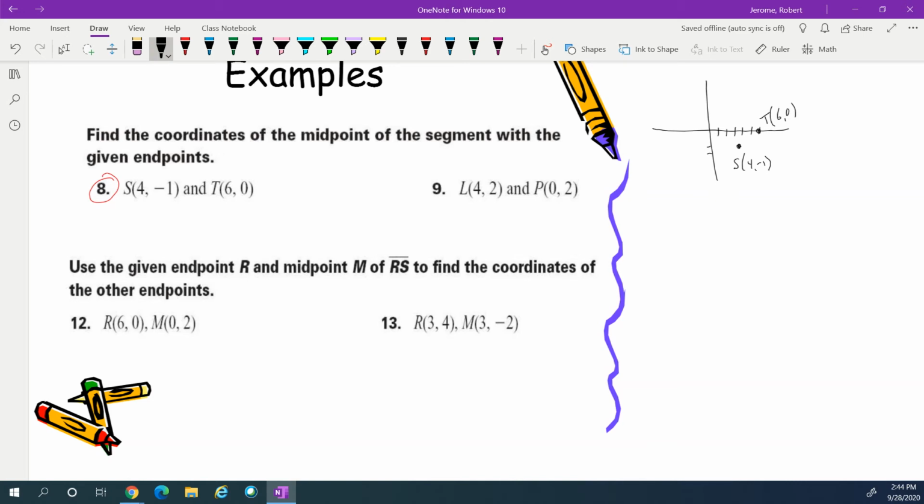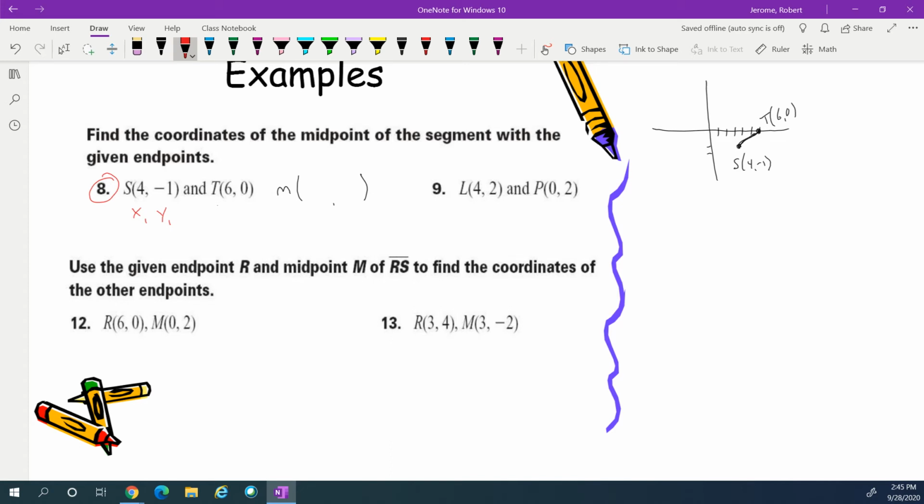And let's see, the directions say, find the coordinates of the midpoint. So this is the segment we're looking for the midpoint. I'm going to make myself a little note over here. I'm looking for the midpoint. That's what I'm trying to fill in. These are the endpoints. So S I can call point 1, that's x1, y1.